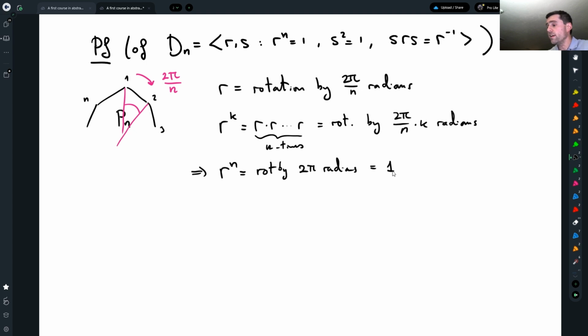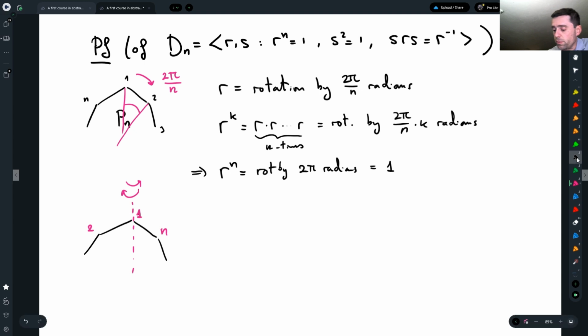Now, what is another element that is going to play the role of s? We have this other element. Here is again my polygon, and then I have a line that bisects my polygon and that goes through 1. Okay, and what this is going to do is a reflection about that line. So 2 ends up here, 1 stays put, but n ends up here.